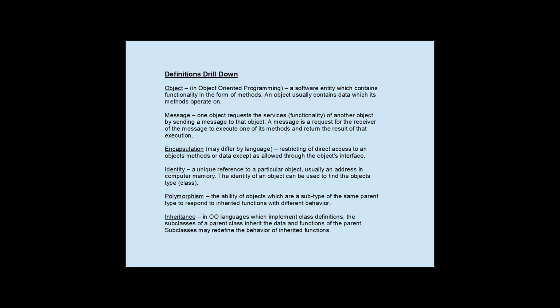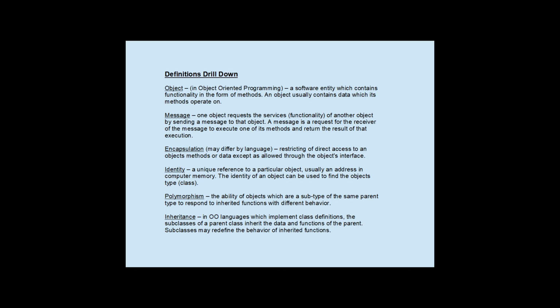Encapsulation: restricting of direct access to an object's methods or data except as allowed through the object's interface. Identity: a unique reference to a particular object, usually an address in computer memory. The identity of an object can be used to find the object's type or class.